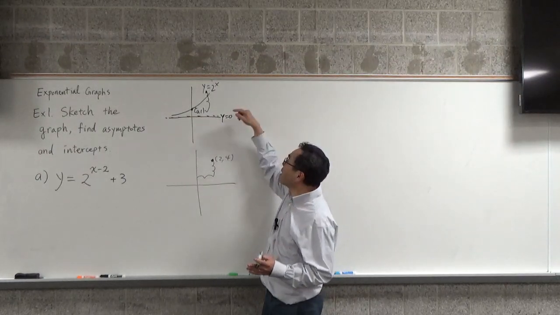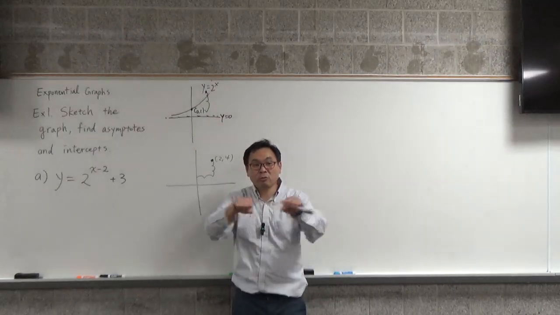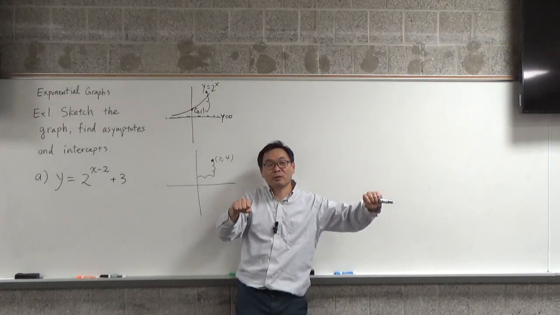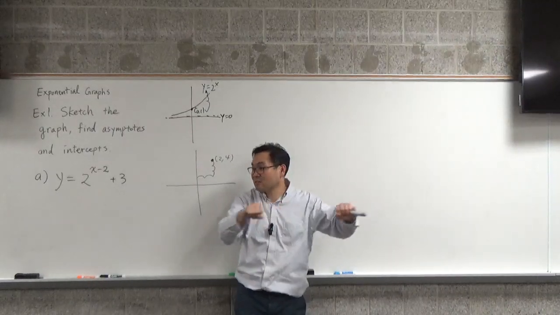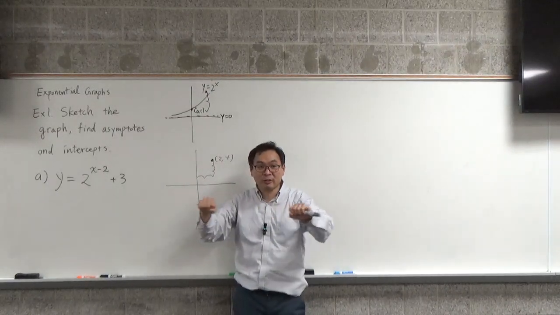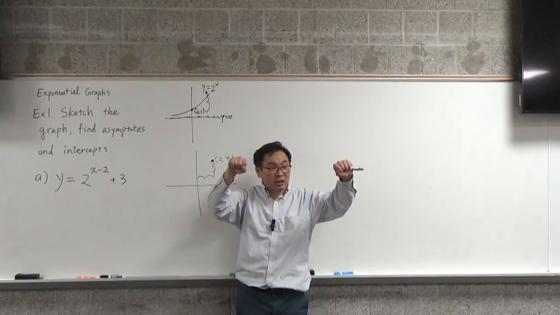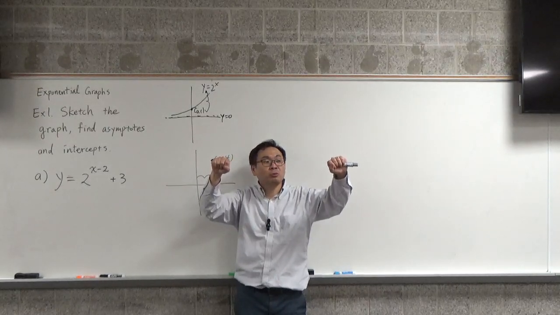Now, what about this horizontal line, y equals 0? If you take a horizontal line and move it 2 steps right, what happens to the graph? It stays the same. Horizontal lines, if you move left or right, they don't change, right? But then, what does this plus 3 do? It moves it up. So what's the new graph? A new horizontal line, y equals 3.